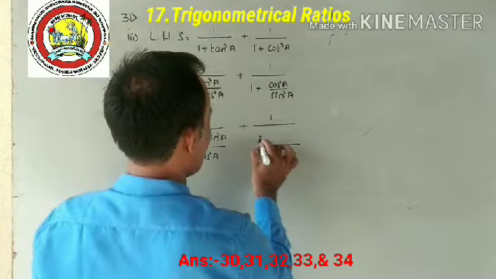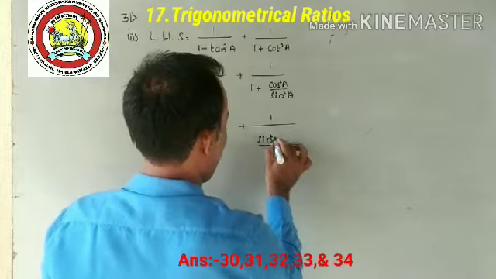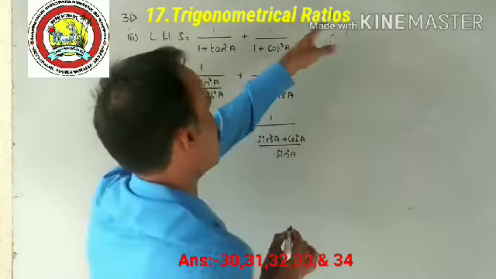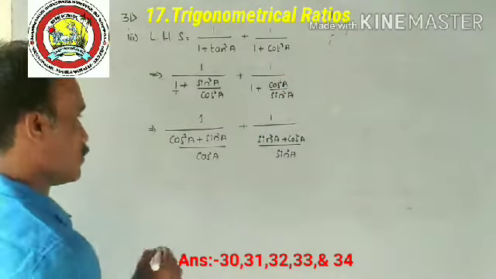What do we get here? Sin square A plus cos square A. If it is plus only, then you will get this answer, otherwise it's not possible.